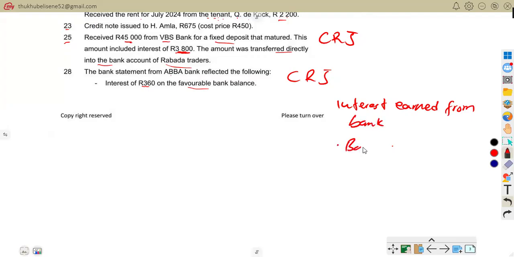So we are going to have bank. This money is going to go to bank as 360. And also you're going to have sundry, which is going to equal interest income, because we've said we don't have a column for interest income. So this is how we're going to treat it.